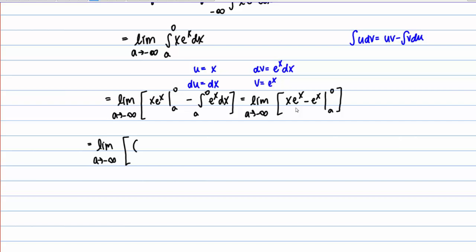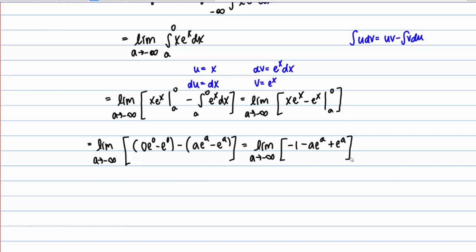So if I plug in 0, I get 0 e to the 0 minus e to the 0, minus, and then I plug in a, I get a e to the a minus e to the a. Now we can simplify a little bit. 0 times e to the 0 is just 0, of course, and then I have minus e to the 0, which is 1. So I've got this negative 1 minus a e to the a, and then minus a negative, so plus e to the a.